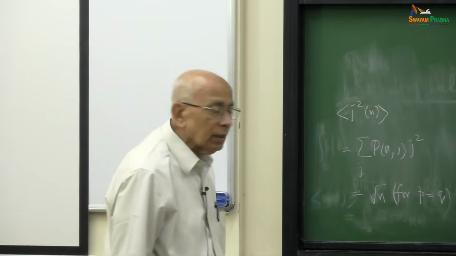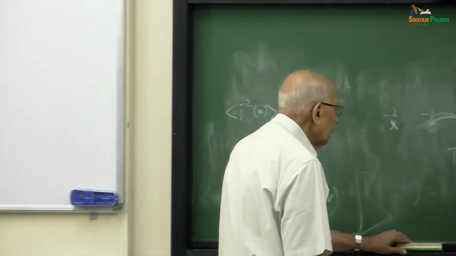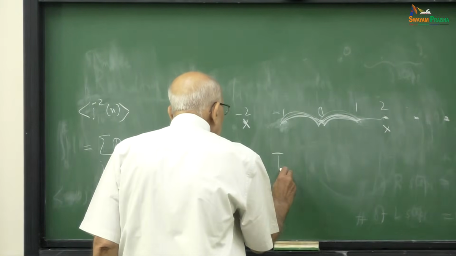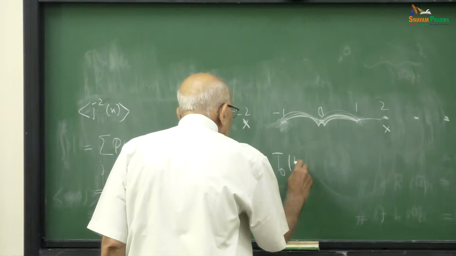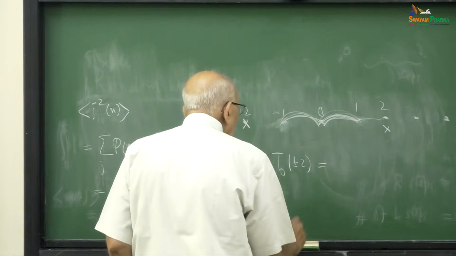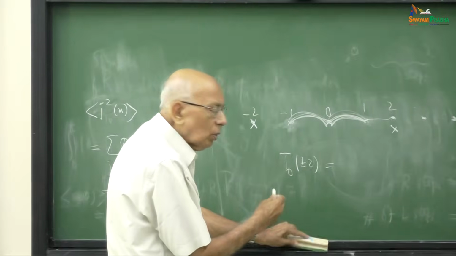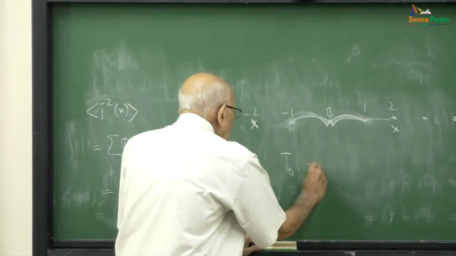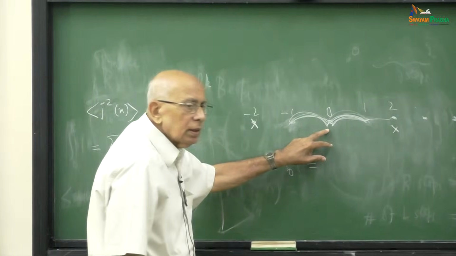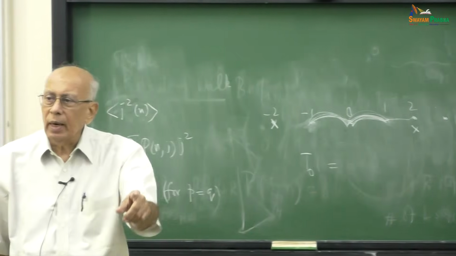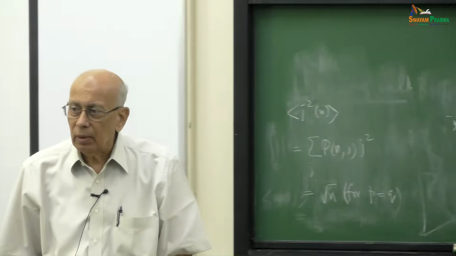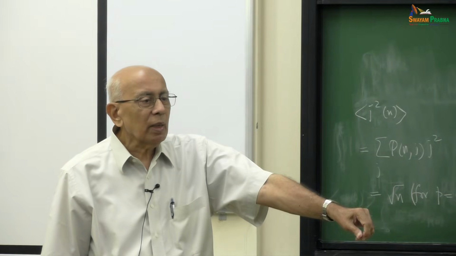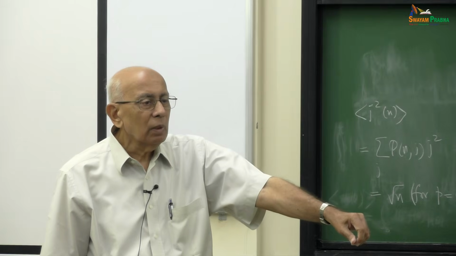And the answer goes like this. I want t0 for plus or minus 2. Every argument will be plus or minus 2, so let me just call it t0 for simplicity. I start at 0, and the first step is either to the right to site 1 or to the left to site minus 1. What's the probability of reaching site plus 1 from 0? Half.